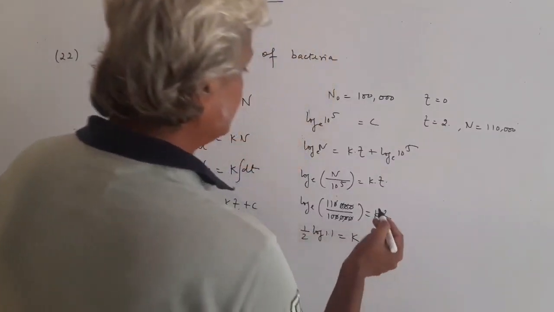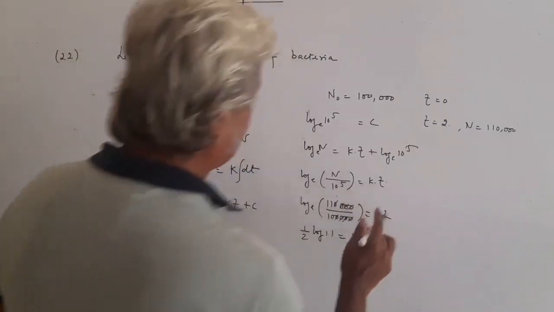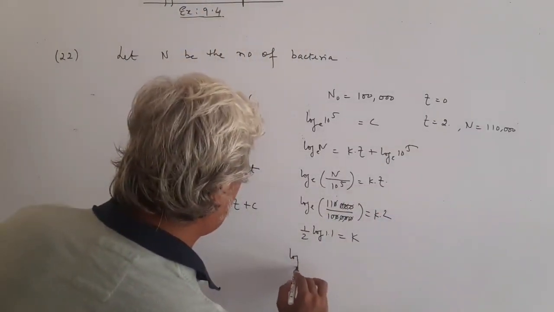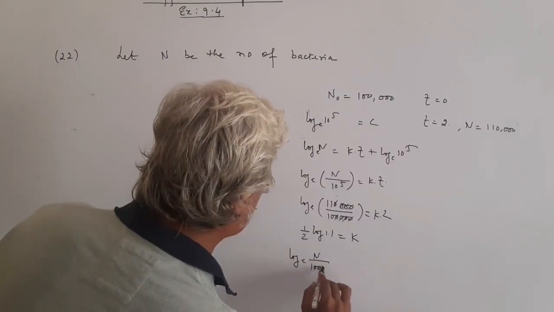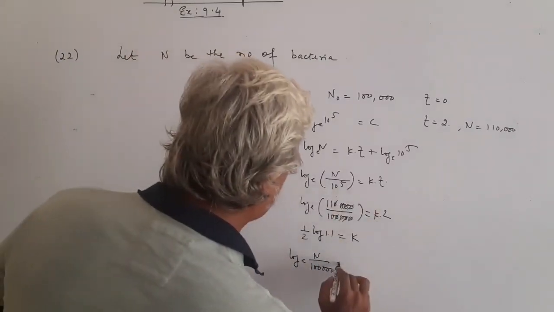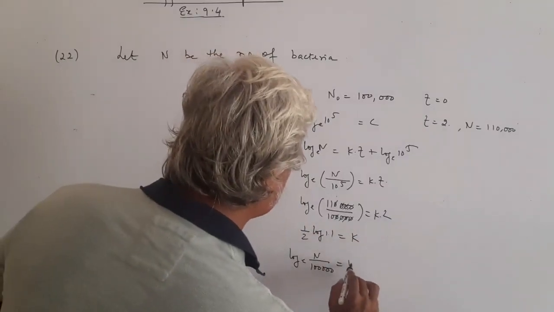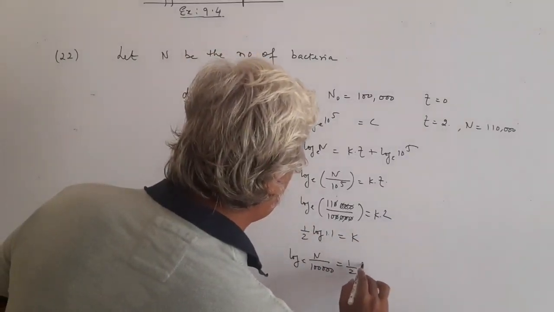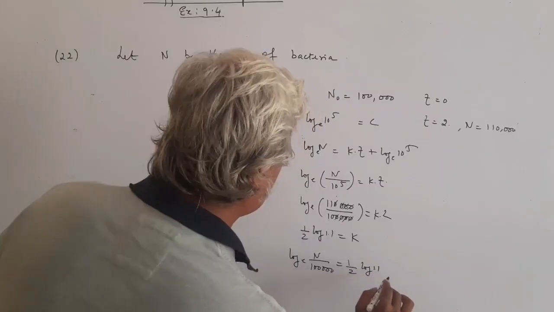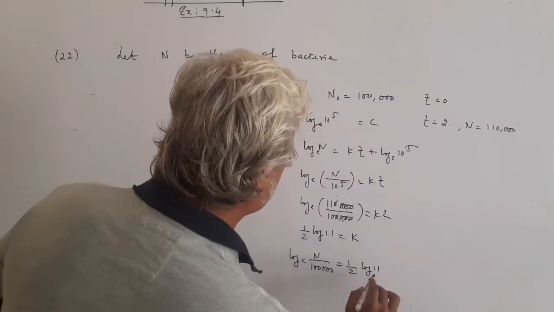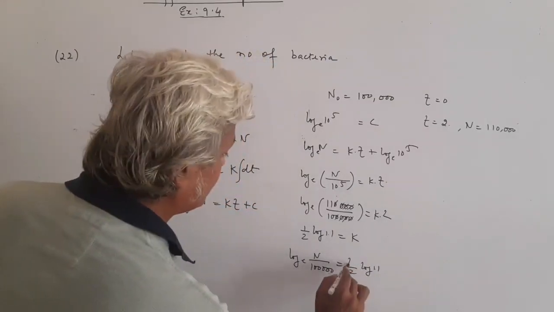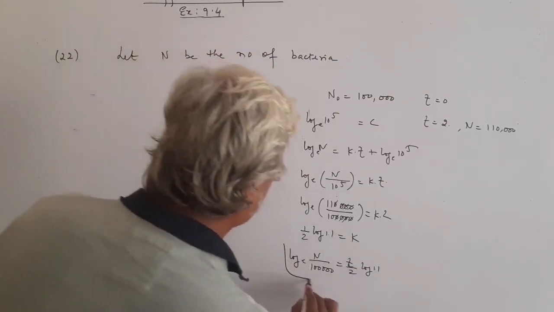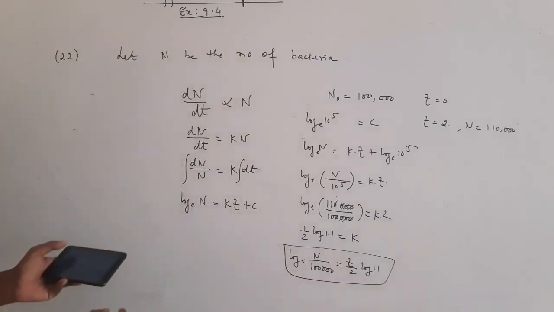So now our final equation will become log N over 100,000 equal to kt, that is half log 1.1 times t, so t by 2 log 1.1. This is my final equation.